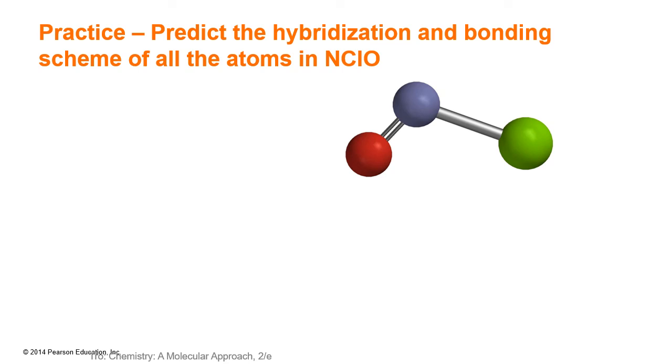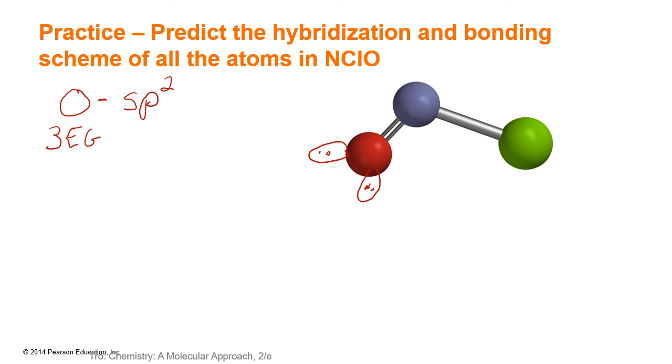In order to fill its octet, it is going to need 2 lone pairs. So our oxygen has 3 electron groups, which means that we need 3 orbitals to put those electron groups into. So it is sp2 hybridized.